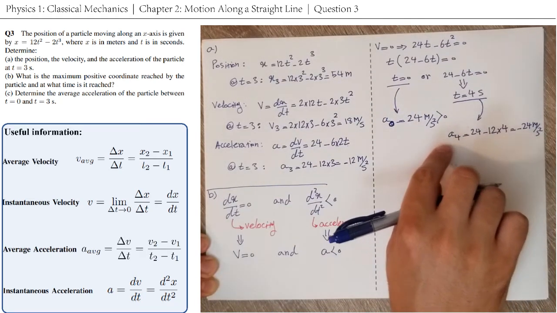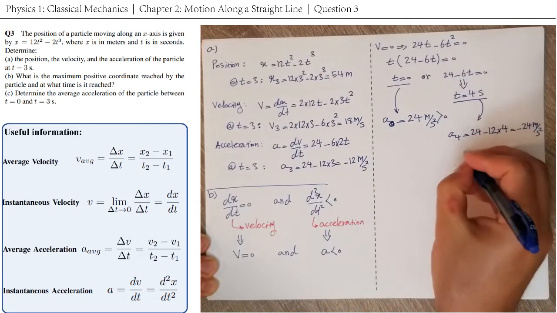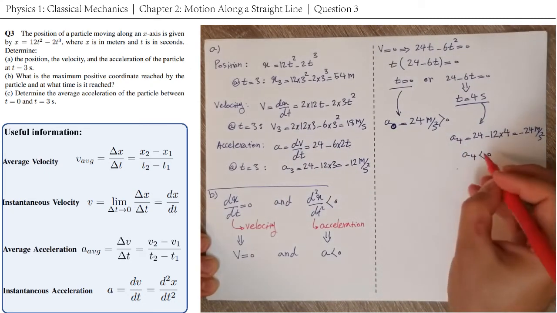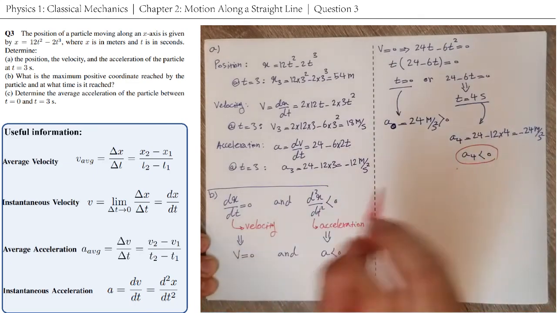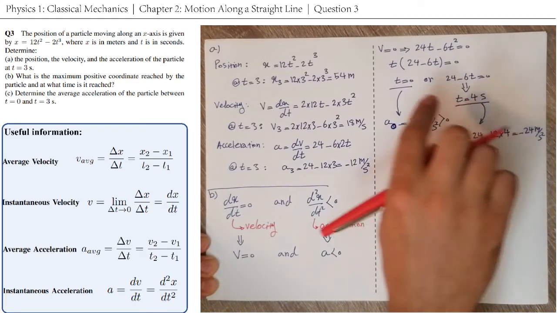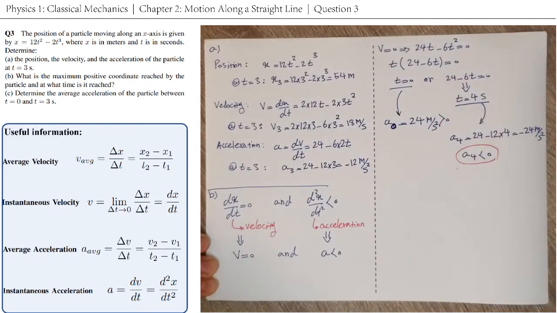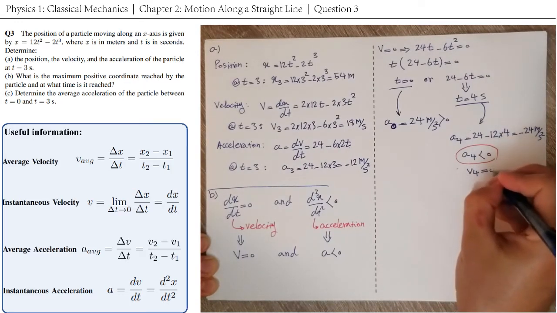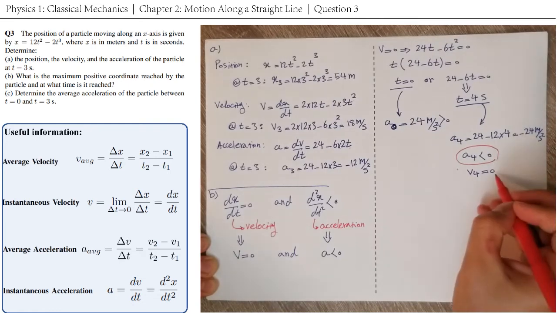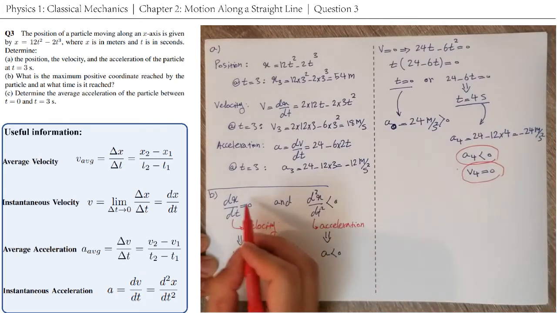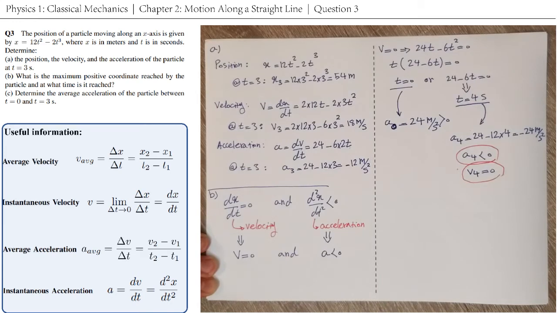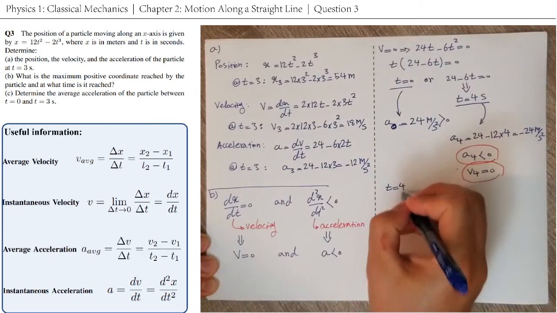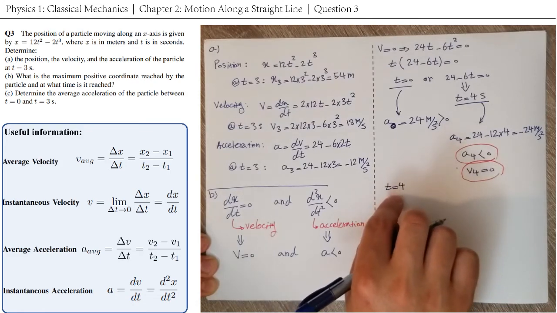We've obtained the acceleration to be negative, so a4 is negative. Good. Now we have a4 negative, and we know that at t equals 4, velocity is 0. So we have also v4 equal to 0. So at t equals 4, both of these conditions are met, meaning that t equals 4 will give us the maximum value of x.